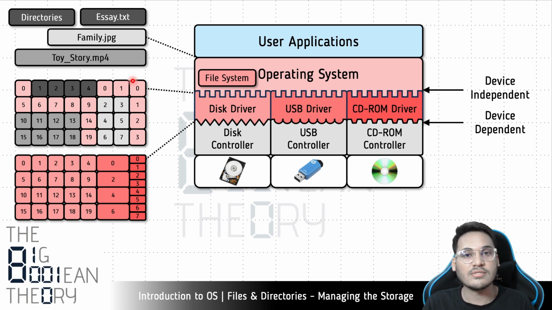And when it comes to speeding up the write operations for these storage devices, there is a technique called buffering. The idea is that a large write operation is much faster than several small write operations. So what the operating system does is that it clubs together several small write operations and merges them into one big write operation.